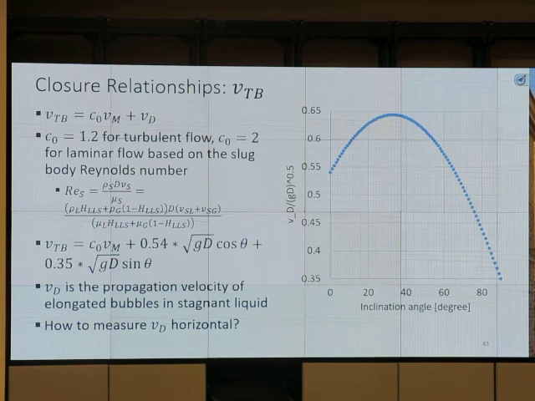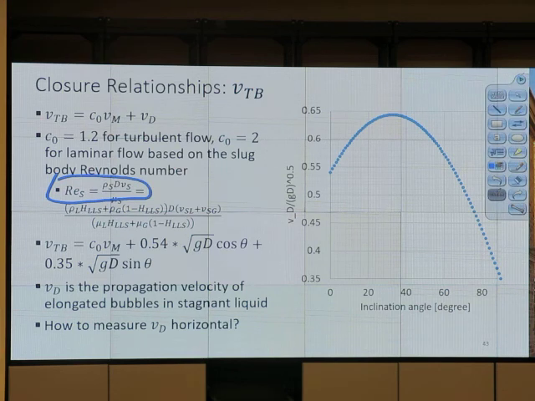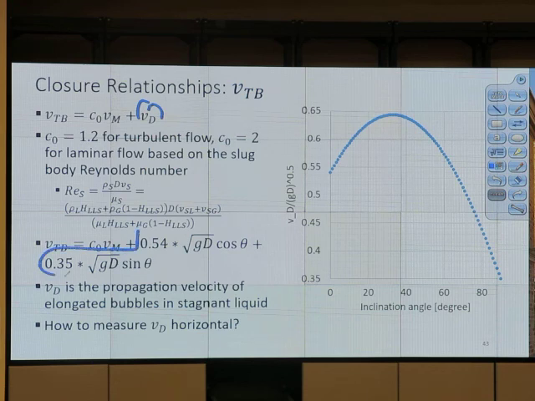C0 is 1.2 for turbulent, 2 for laminar, and for the Reynolds number we use the slug body Reynolds number. The slug body Reynolds number requires knowledge of the slug body liquid holdup. See that? Slug body liquid holdup is from another closure relationship. Then V drift is that equation, for any angle.